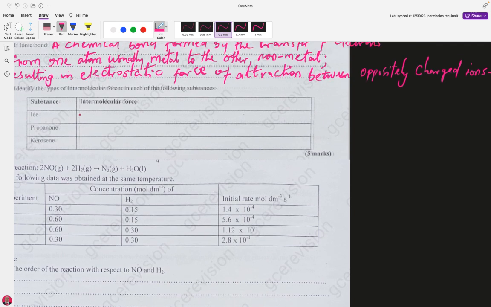We say the intermolecular force there is relatively weak dipole intermolecular forces.